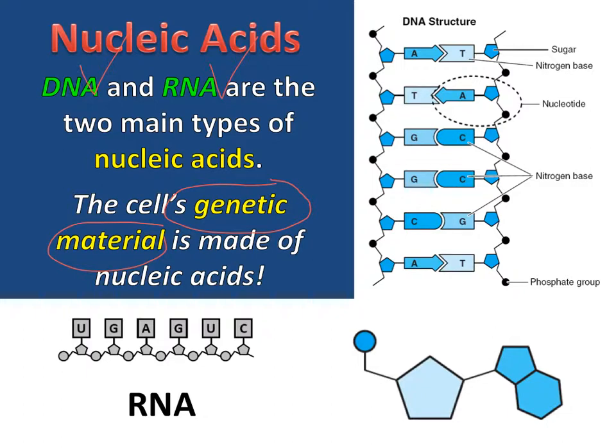Just to give another little preview, another type of nucleic acid would be an ATP molecule. And so we have this ring structure just like you see down here. That's our sugar. And we have a nitrogen base just like our picture down here.